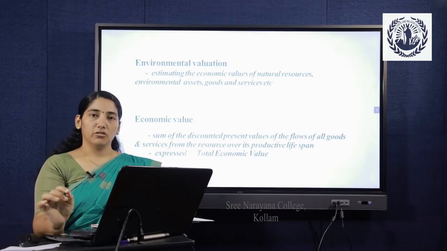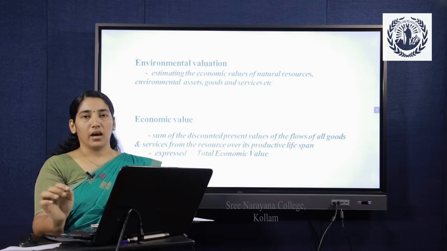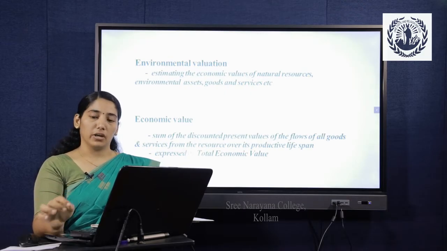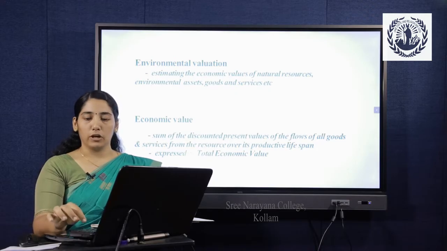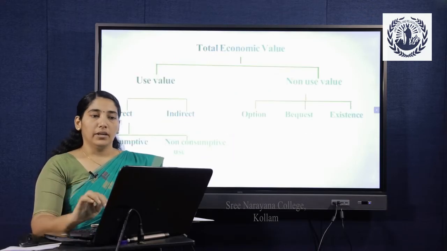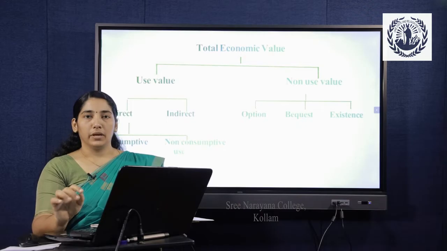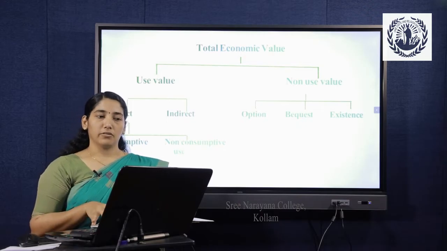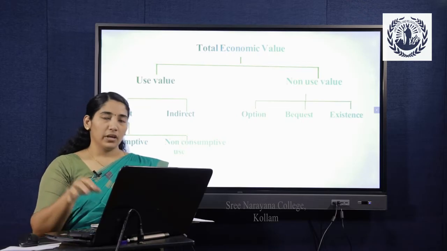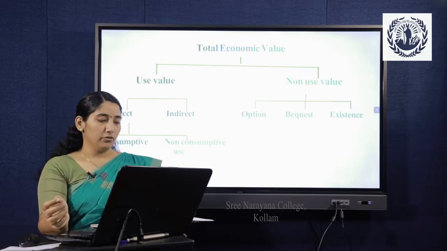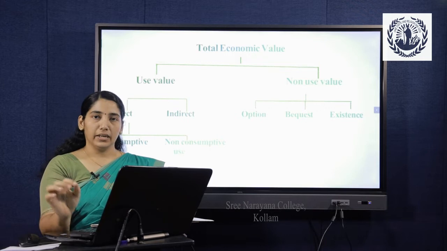The various methods of environmental valuation are used to calculate this total economic value or the various types of total economic values. Total economic value is mainly classified into two: use value and non-use value. Use values are those values of goods and services that directly enter an economy.